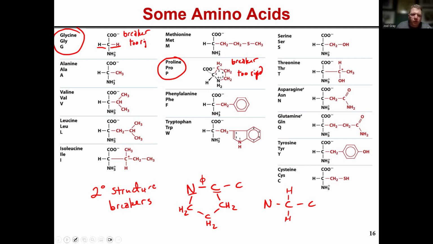Or not rigid, the opposite of rigid. It's too flexible. So when it comes to secondary structure, those are some of the things that I want you to know. Now, we've already looked at and classified our different amino acids. I think that this is just another great resource that you can look at to identify your amino acids and get more comfortable with them.